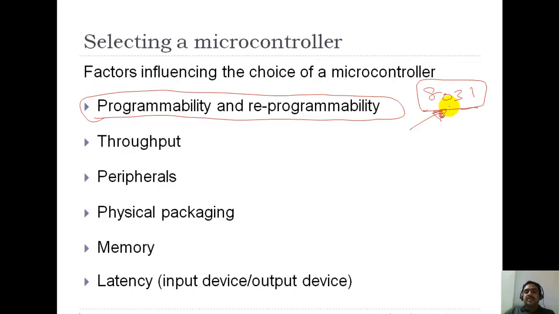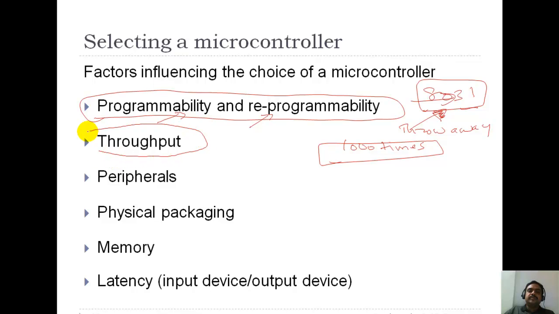Suppose you make a mistake and write the program wrongly, this is a throwaway. Whereas 89C51 allows you to rewrite the program probably a maximum of 1000 times. So you have to check how flexible the processor you are choosing is, so that it allows reprogrammability. Next is throughput. Next one is peripherals.